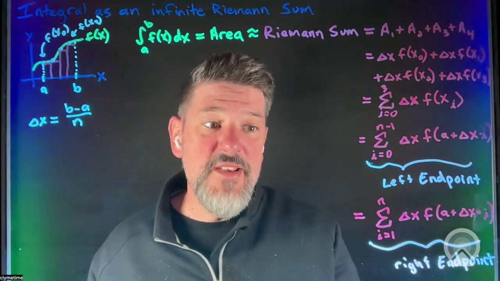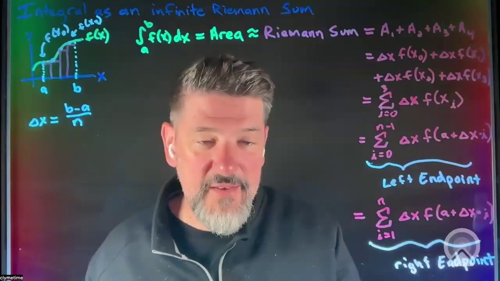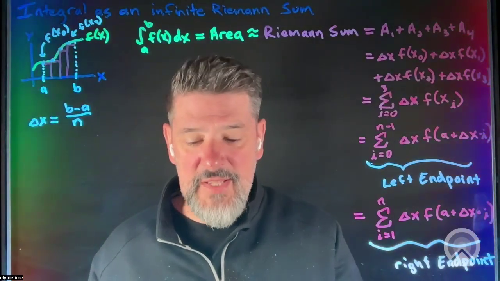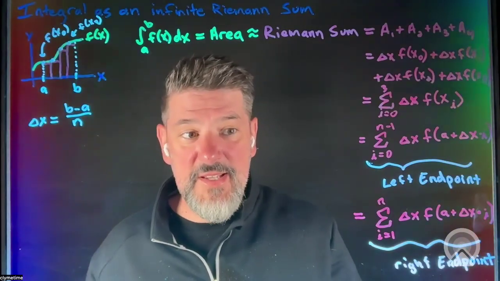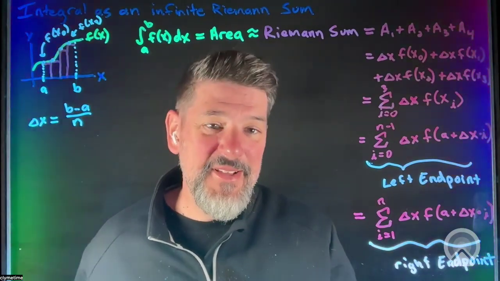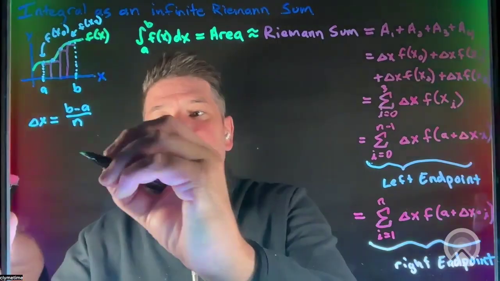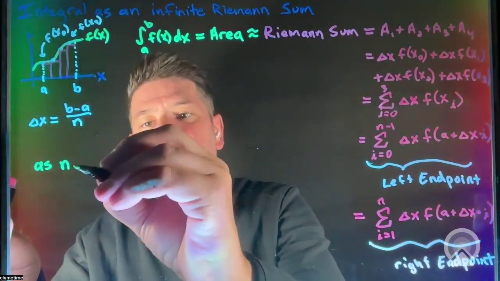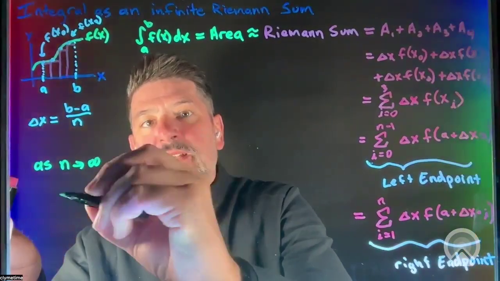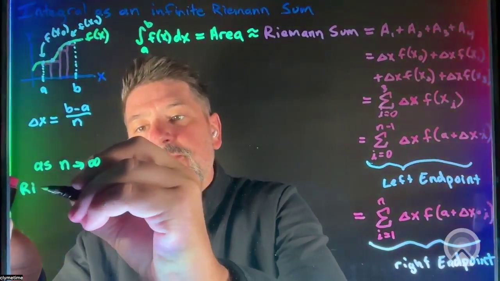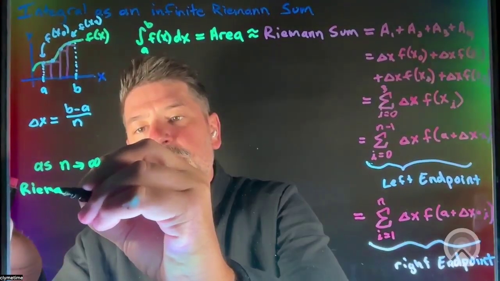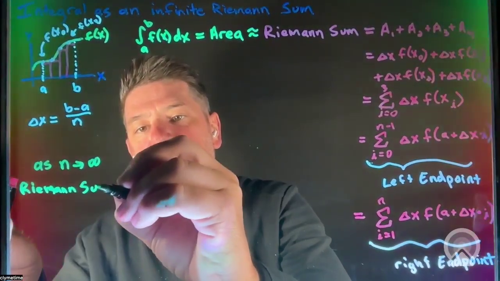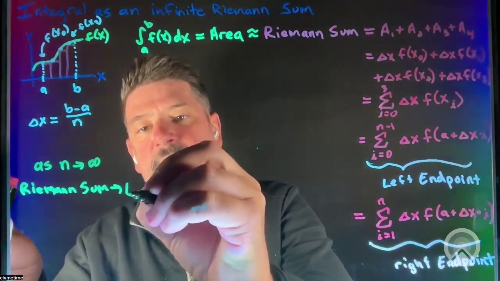Now, can we make n so big that the area is exactly equal to the Riemann sum? The answer is yes, but only if n equals infinity. What we know is that as n approaches infinity, the Riemann sum will approach the actual area.